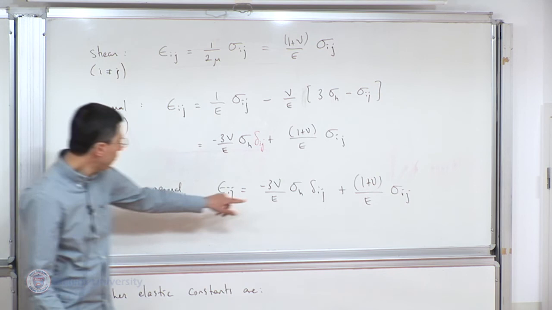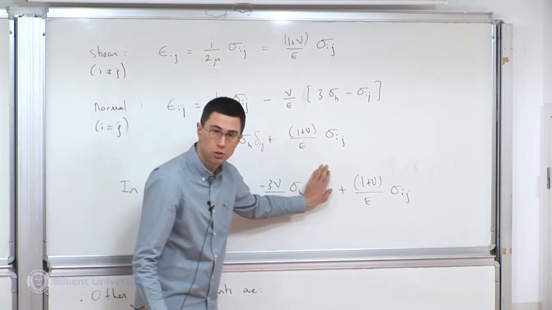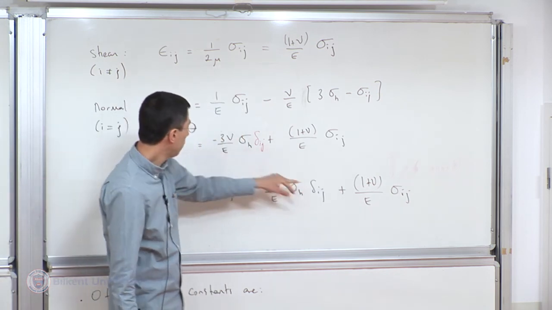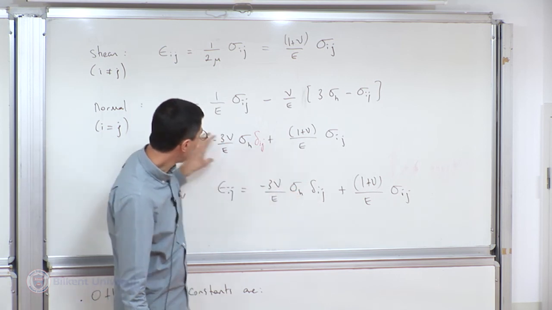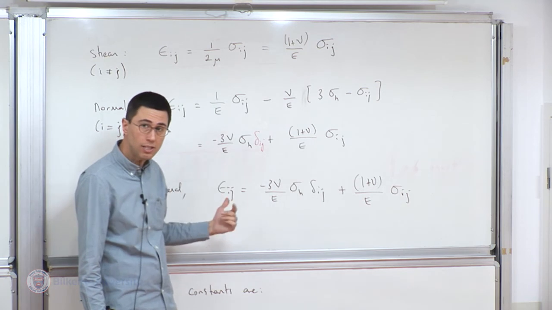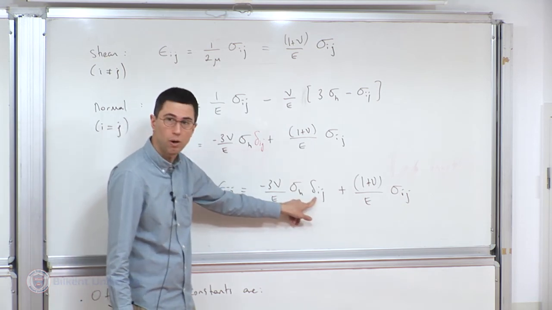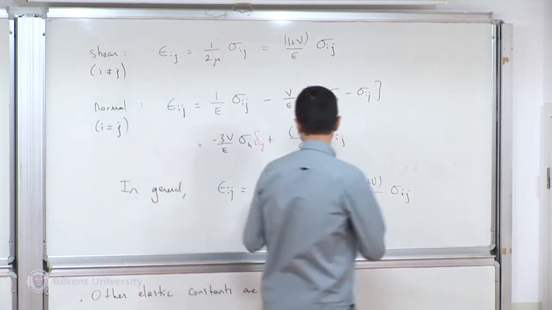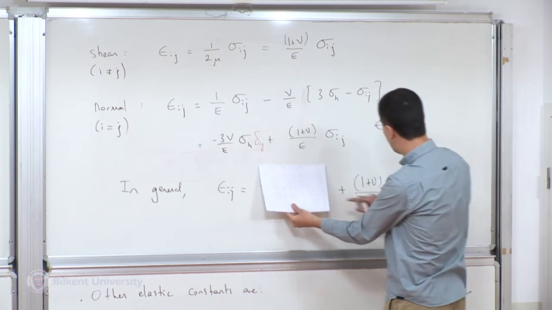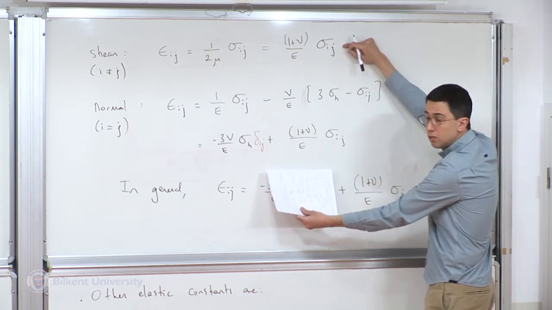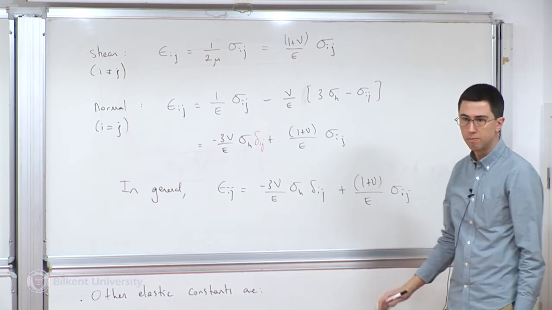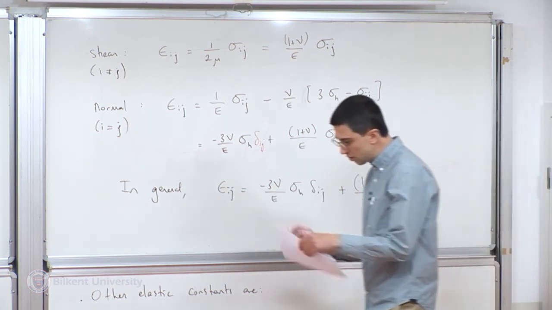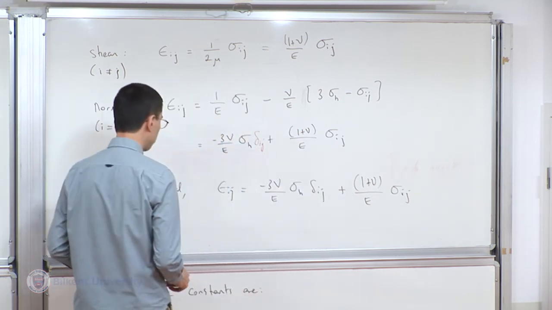Okay? Because if i is equal to j, the delta is automatically equal to 1, so it's equal to that term. If i is not equal to j, this is 0. It dies, and epsilon ij is equal to that term. So now I have an expression that is correct whether or not i is equal to j. Okay? So that's a nice small step.